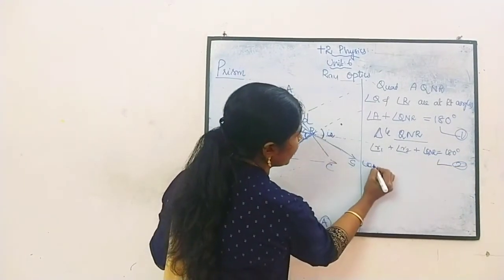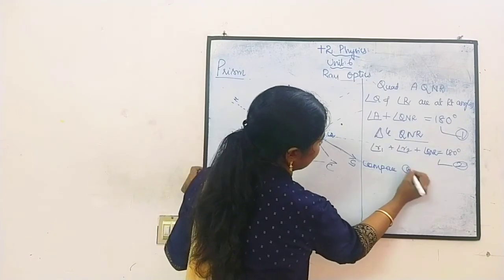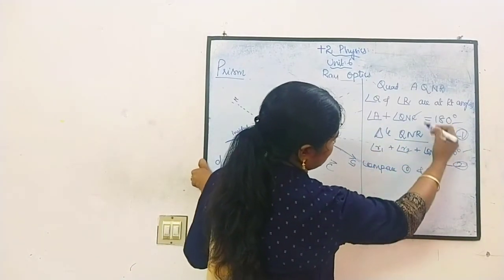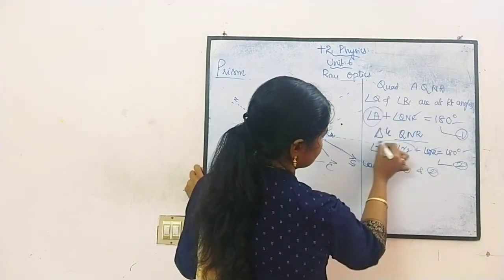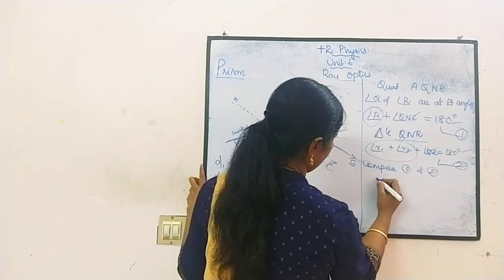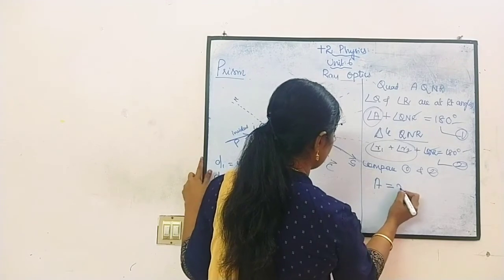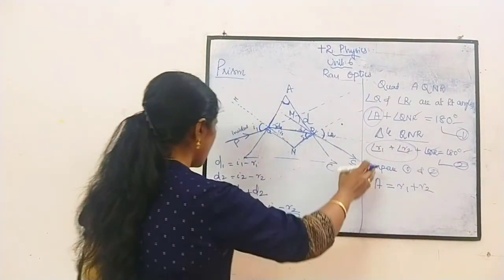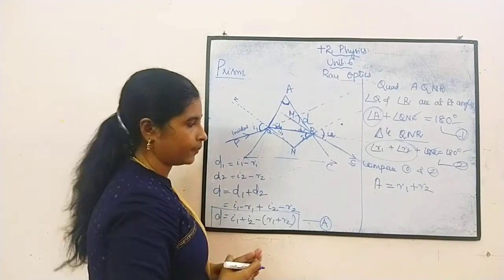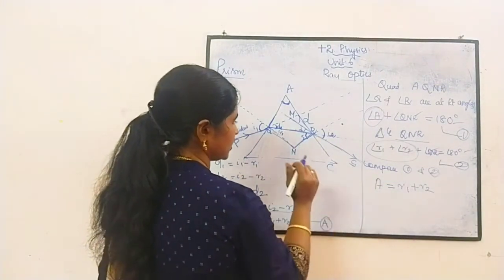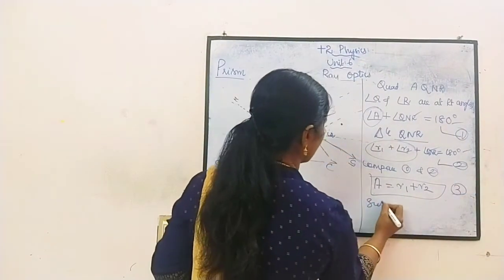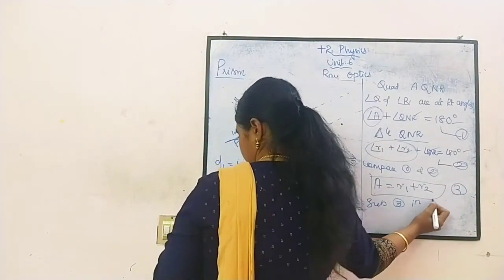So when we compare equation 1 and 2, in the place of A, it is written as R1 plus R2. Okay, so I can write A is nothing but R1 plus R2. What is A? A is nothing but R1 plus R2. Clear? So I can substitute this. Take it as equation 3 and substitute equation 3 in equation A.